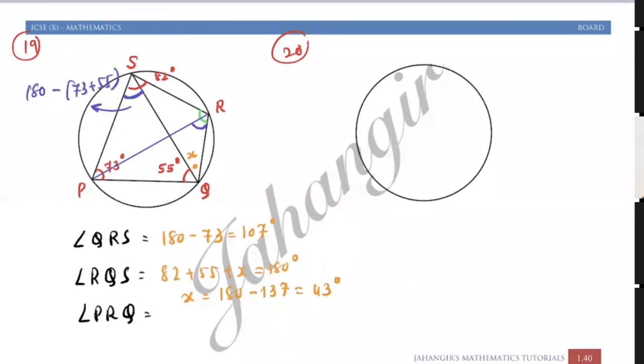What value are you getting? 52, just check. Yes. 128. Yes, sir. So if this is 52, this is also 52. Angles in the same segment are equal.